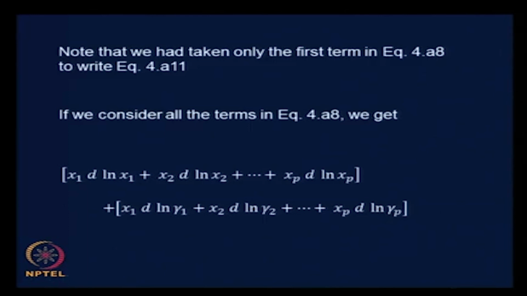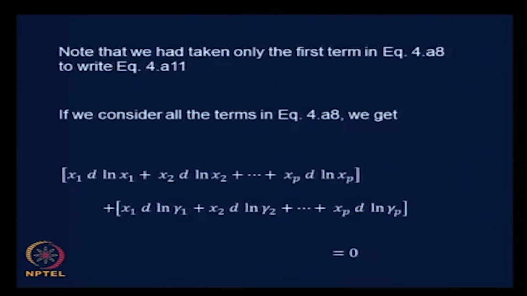Now take a look at this, it's very nice here, equals 0, of course on the right hand side. We are not going to give a number to that, but also note this is x1 d ln x1, x2 d ln x2 and so on and so forth, and hopefully you would be seeing the light at the end of the tunnel. Whatever we needed to prove, we are almost there.